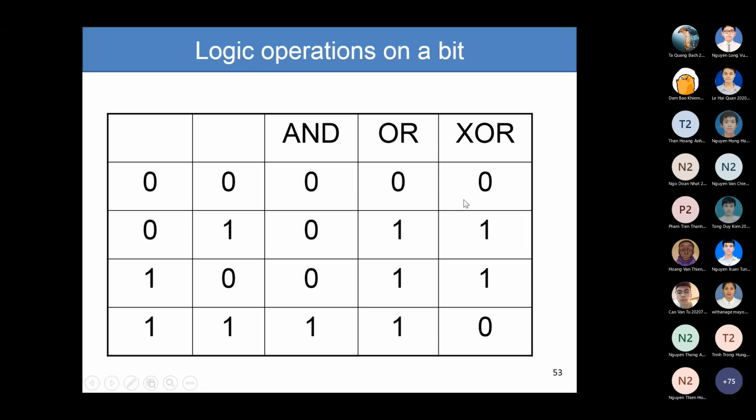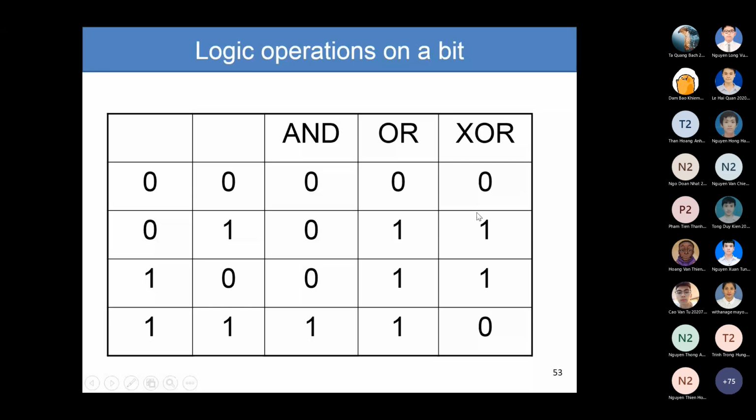Also there are XOR functions or XOR components in the logic circuit in your major. For the XOR function, the result is 1 if the input bits are different. For example, if the input bits are 0, 1 or 1, 0, it means different, right? So the result of XOR is 1. XOR, the first character X, means the difference. So if the inputs are different, the result is 1.